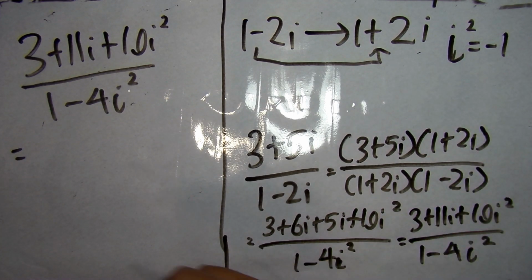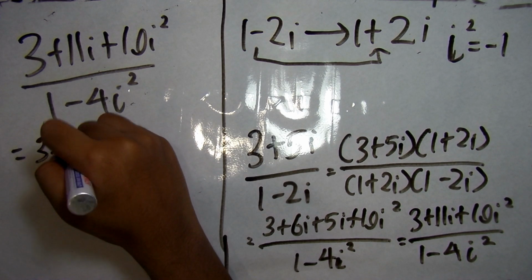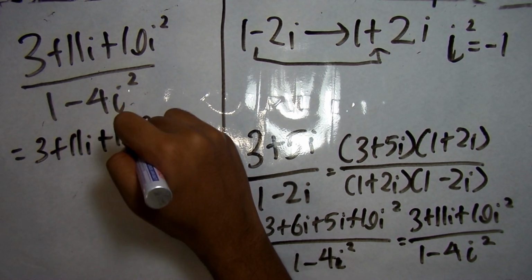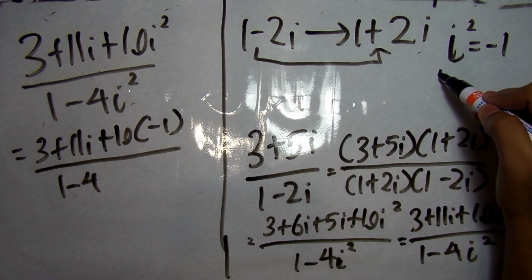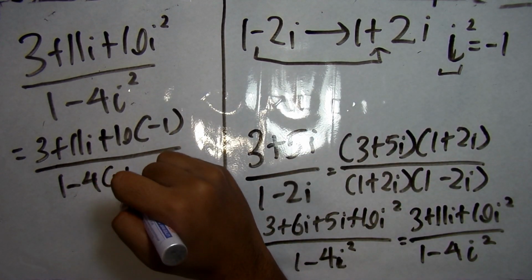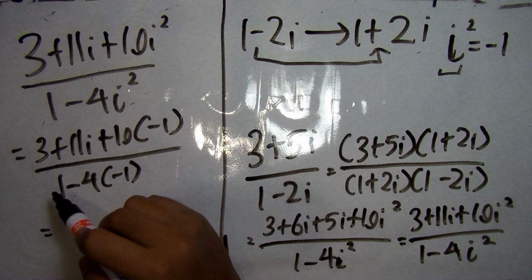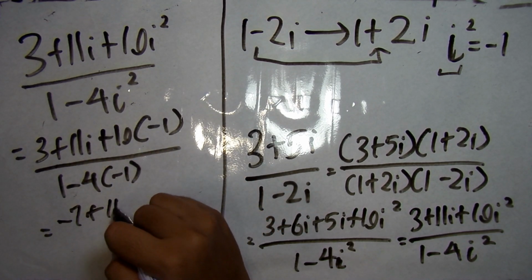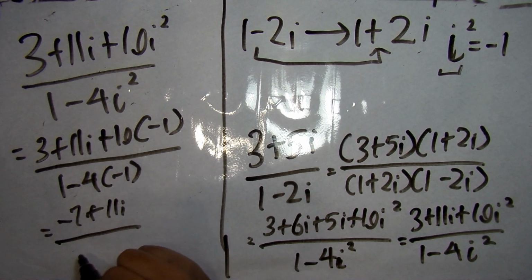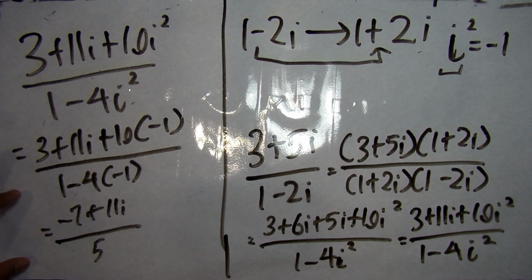So i squared equals negative 1, which basically means 3 plus 11i plus 10 times negative 1 over 1 minus 4 times negative 1, because i squared is equal to negative 1. So that essentially makes the numerator negative 7 plus 11i over 1 plus 4, which is 5. So that is the simplest possible way to present this answer.